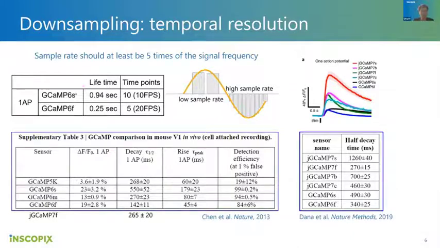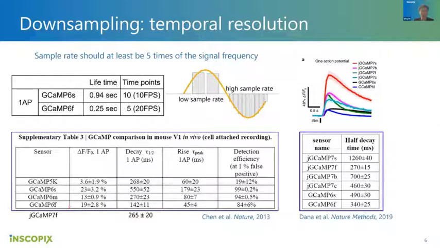This lifetime of the GCaMP was taken from the Chen paper from Douglas Kim's group in the 2013 Nature publication. They recently published a Nature Methods paper with GCaMP7, and I can only find the decay from 1 action potential for the GCaMP7F. So you can see the GCaMP7F is generally comparable to the 6M. So they don't have the very fast type.